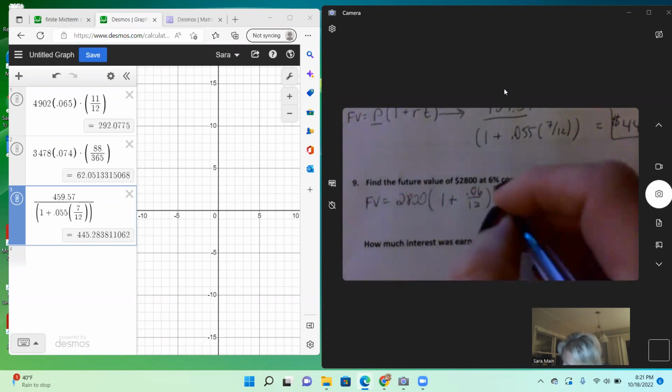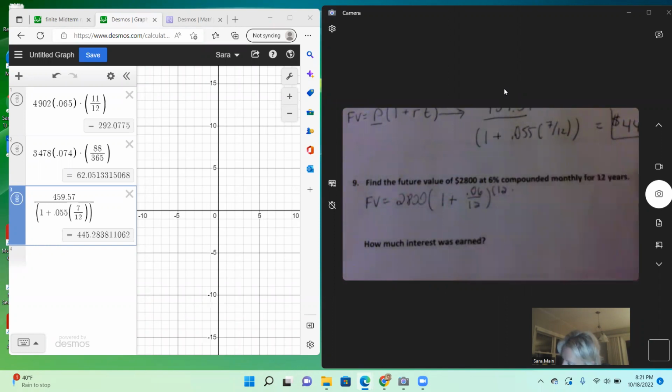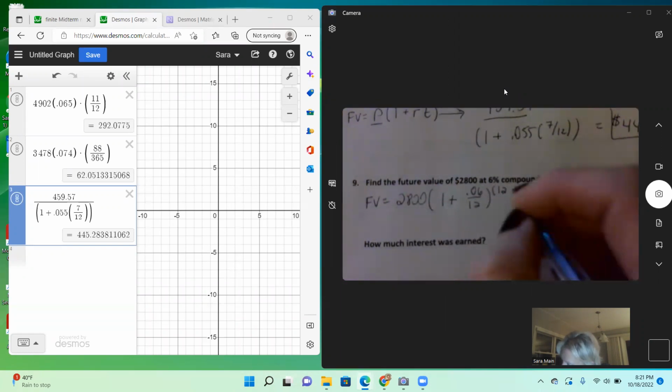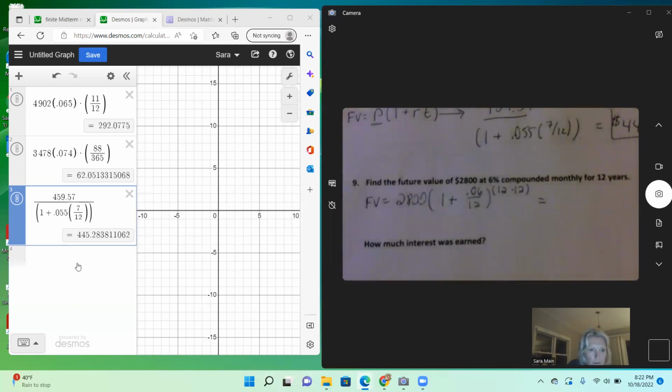And then we're going to raise that to the exponent of the compounding monthly times 12 years. So 144 compounding periods.